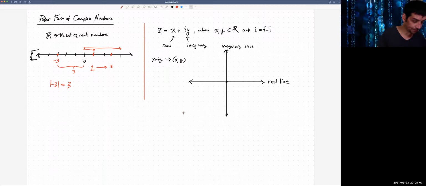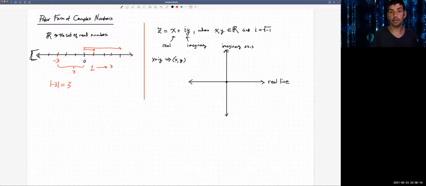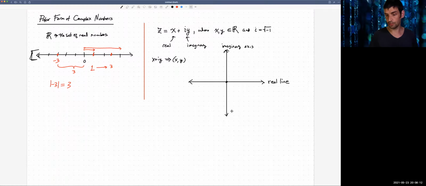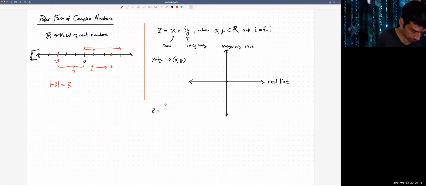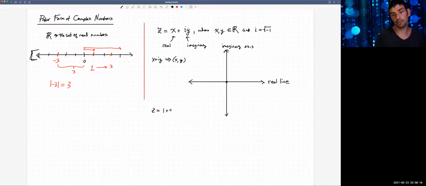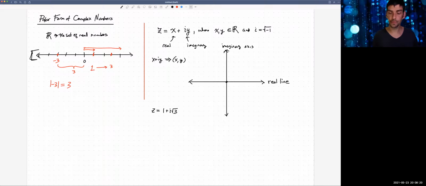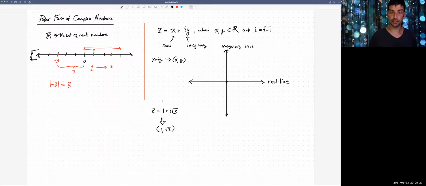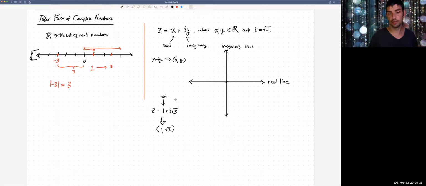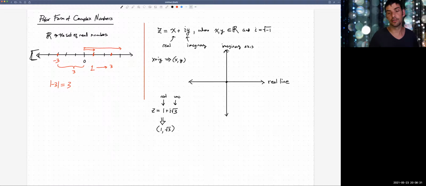So for example, let's look at 2 points. Let's look at z is equal to 1 plus i root 3. This is going to correspond to the point (1, root 3) because this is the real part, this is the imaginary part. Right?